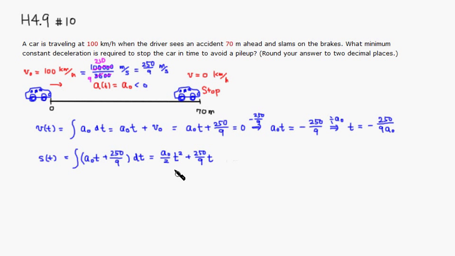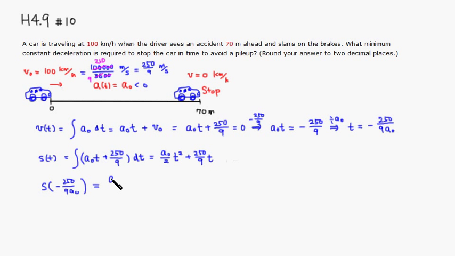We want the position at this time to be 70 meters or less than 70 meters. So we plug in s of t, where t is negative 250 over 9 a0.